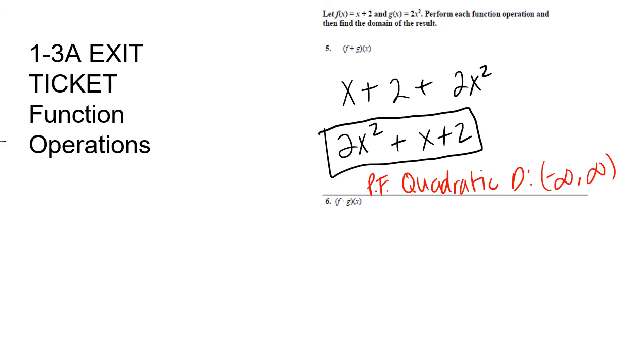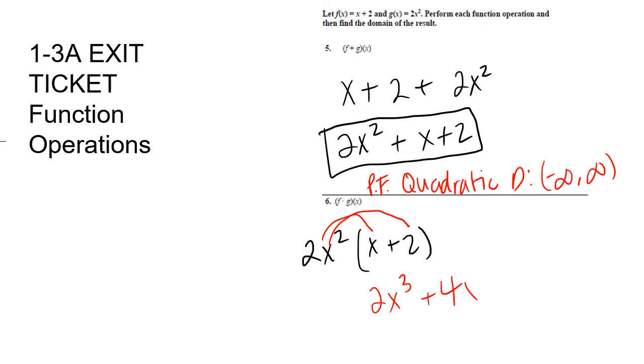Okay, then it said to multiply, so I have 2x squared times x plus 2. All right, this time I'm going to do distribution with FOIL method. So just standard. Pro tip is when you're multiplying, if you put the function with the smallest terms first, so I have 2x squared times x plus 2, it just makes it a little easier and less distribution, I guess, in my mind. 2x squared times x is 2x to the third. 2x squared times 2 is 4x squared.